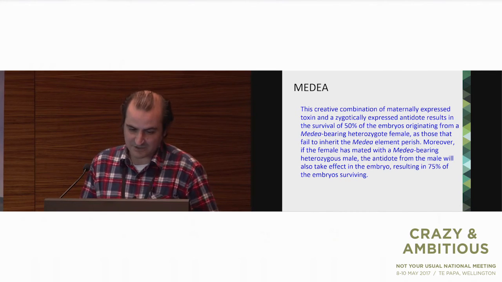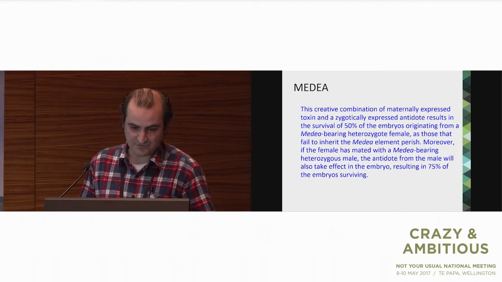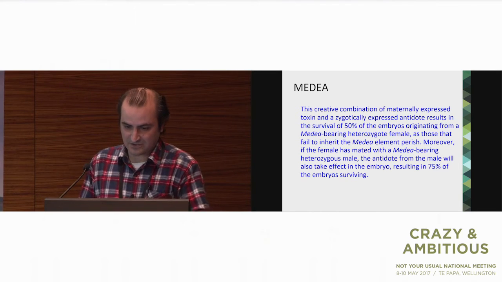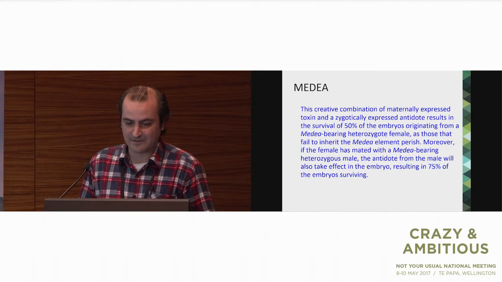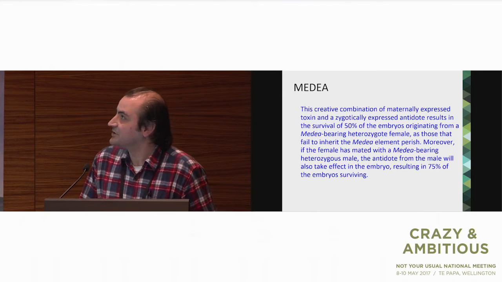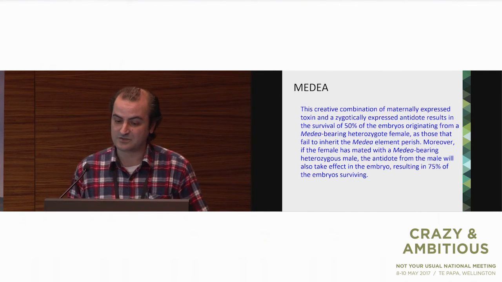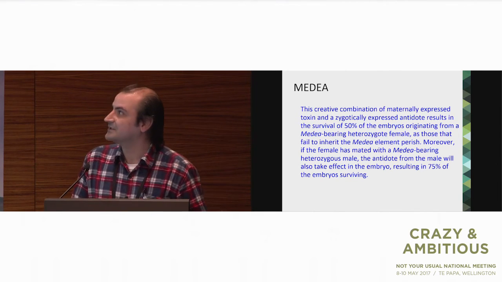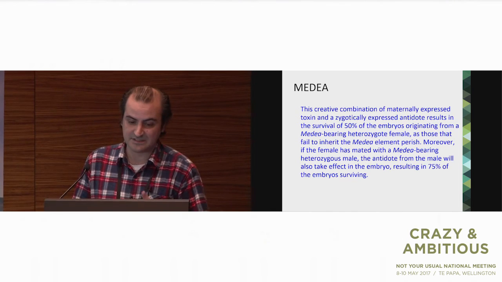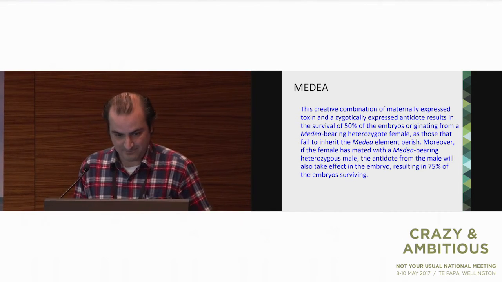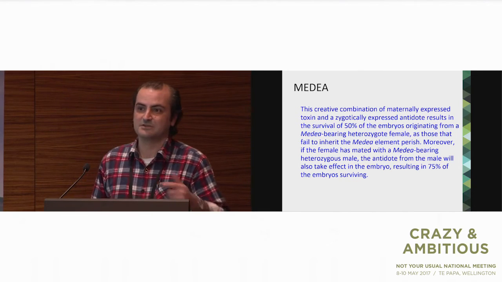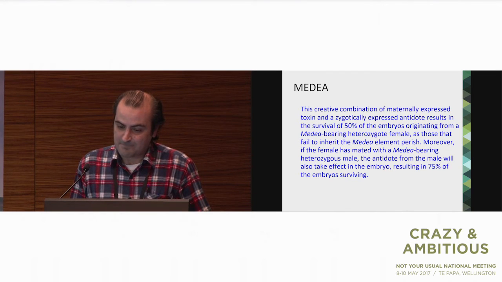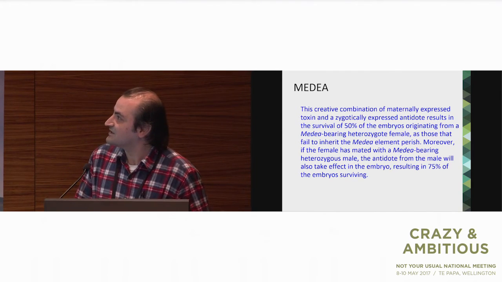It's kind of like that mother's curse, or TFT, Trojan female technique idea, where, as you see, a zygotically expressed antidote results in the survival of 50% of embryos, but 50% of embryos that originate from a heterozygote mother who is bearing this Medea gene will die. There's another one similar to this called Medusa. I don't know, somebody making up these names. I don't know, is that clear enough?